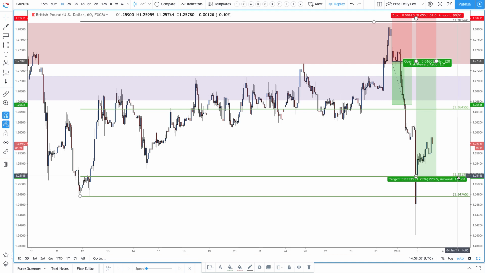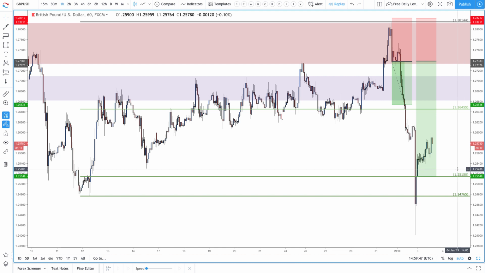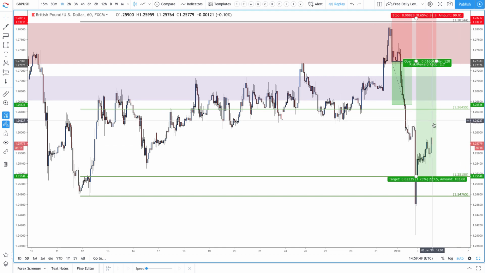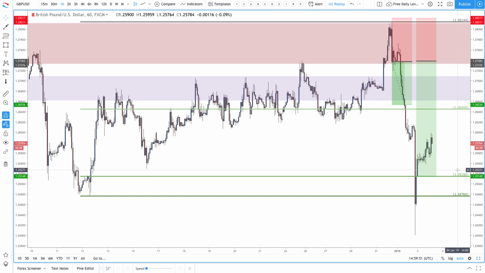But let's say, for example, the 88.6 was below a round number, and the round number was somewhere up here. Would it make sense? A lot of people tend to take profit at round numbers as well. So maybe, depending on my risk reward, if it represents more than a 2 to 1 and I've got a round number just above the 88.6, I might take it just before the round number as well.